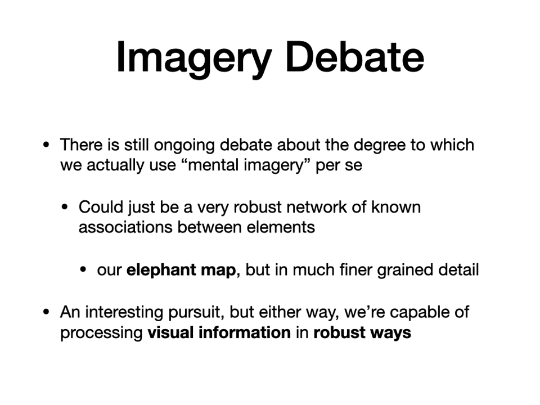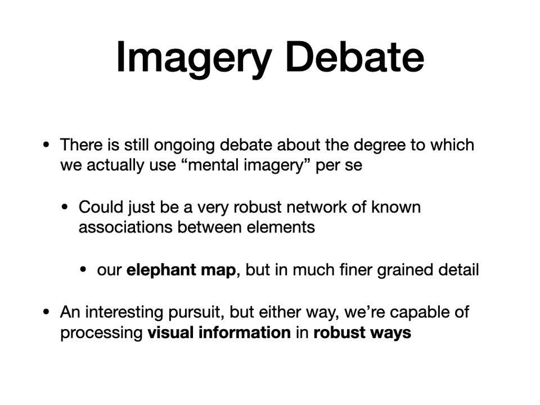So this cracks a little bit of the imagery debate. There's a long-running fight, in a sense, a congenial academic fight about the degree to which mental imagery is actually used. It could just be a very robust, complex network of how different things interlock together, right?